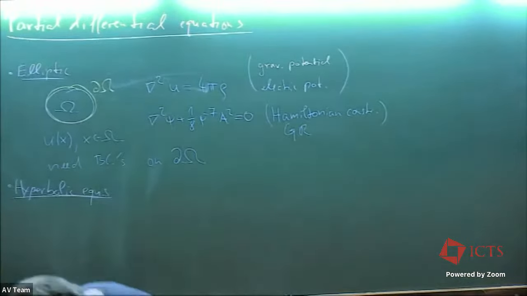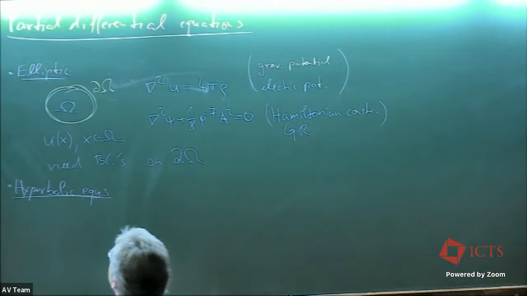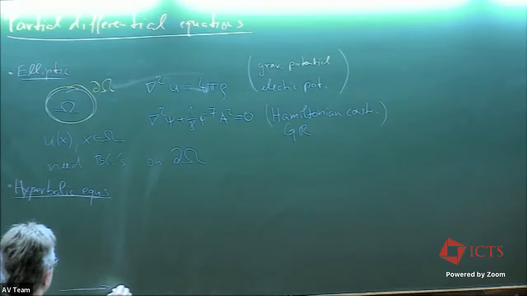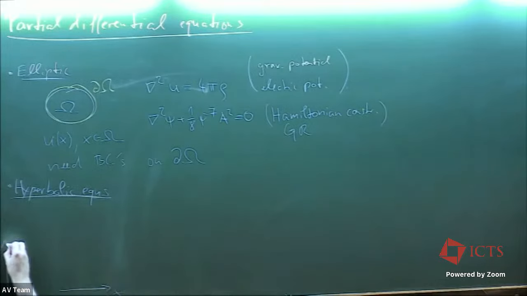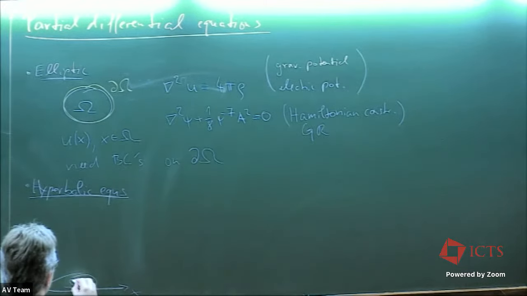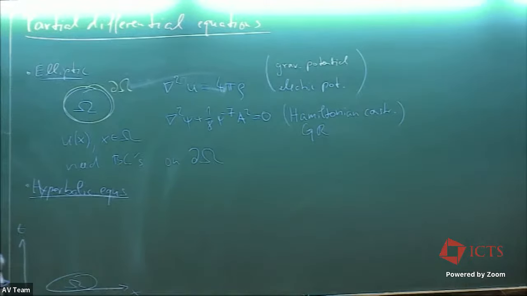So here, the idea is you have space and you have time, and you start with some area in space, and then you evolve it forward in time, and you're going to find a function u, a function of space and time.